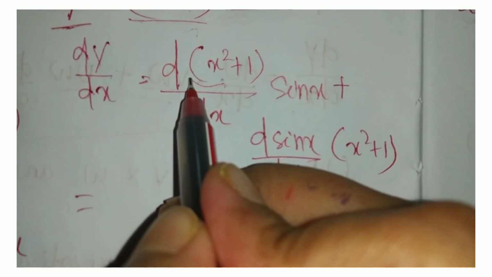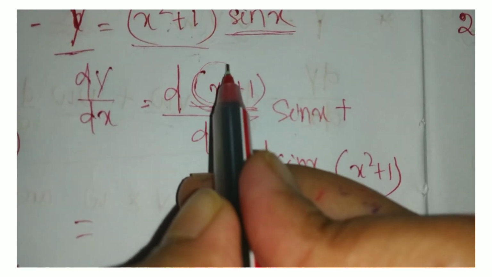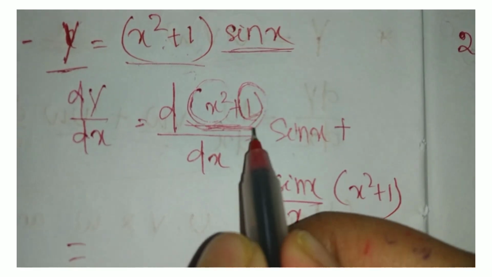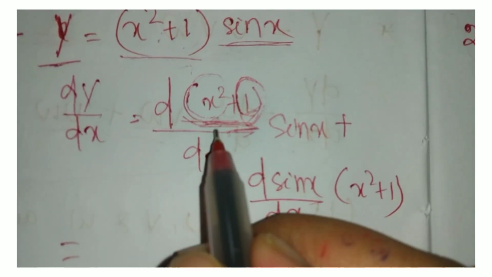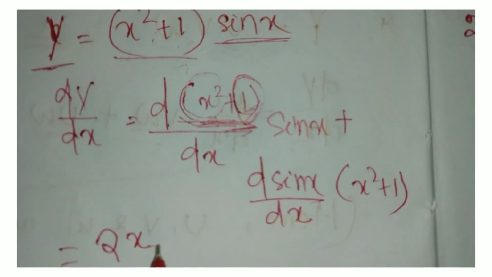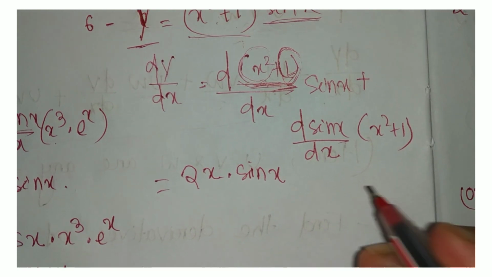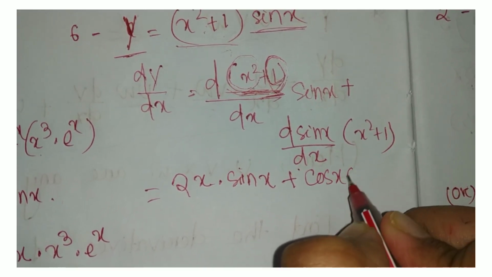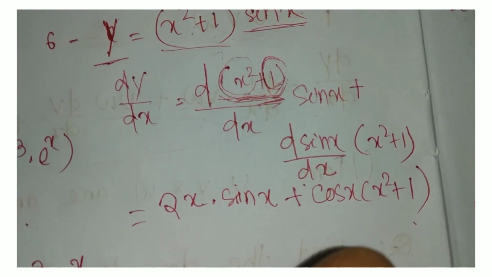The derivative of x square plus 1 is the derivative of two functions, x square and 1. 1 is a constant, so the derivative of a constant is 0. So the derivative of x square is 2x into sin x, plus the derivative of sin x, which is cos x, into x square plus 1. Answer.